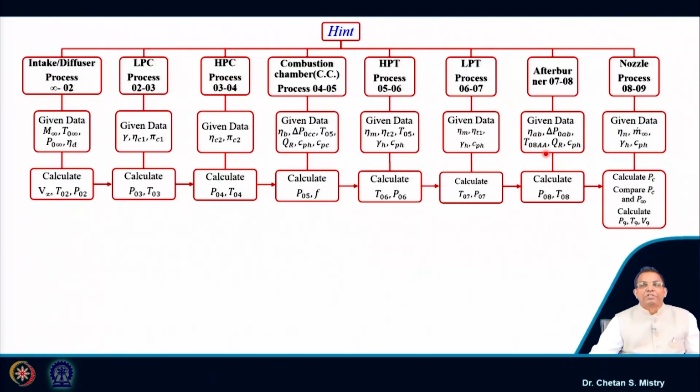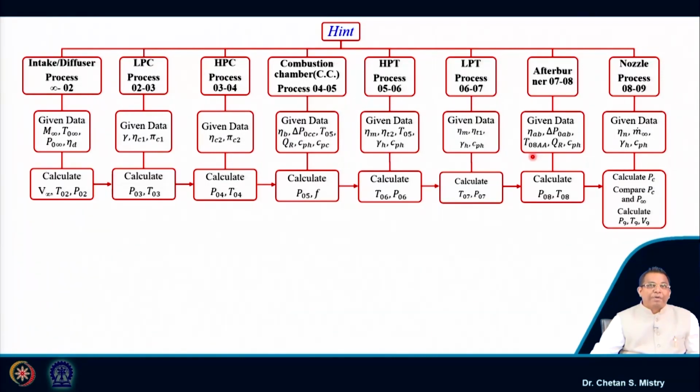Once that exit pressure is known to us, we will be calculating our density, we will be calculating our temperature at the exit, and based on that static temperature calculation, we will be calculating our exit velocity. So, you can say this is what will be giving you the idea about the calculation of cycle parameters.